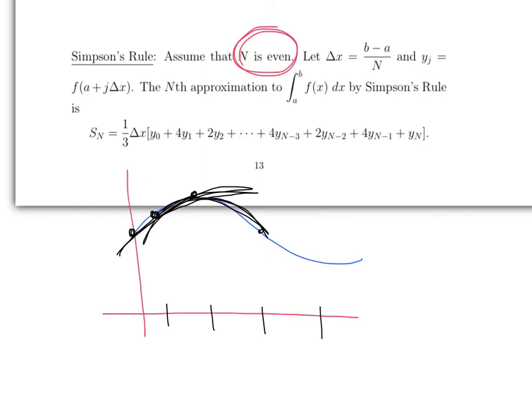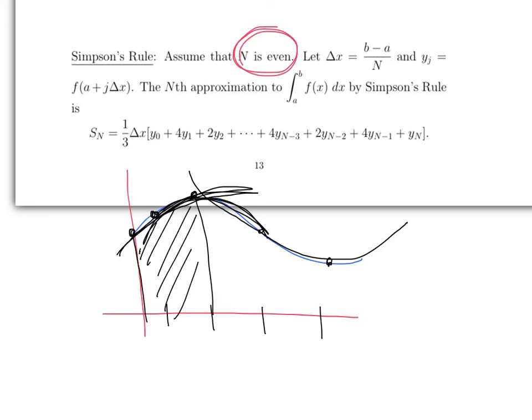Then we take this point and this point, and that parabola might be more curved upward. What we're doing is finding the area underneath those parabolas. It's not drawing very well on here, but we're taking the area under each of these parabolas and adding them up, which helps with the curve. That's where these numbers are coming from.